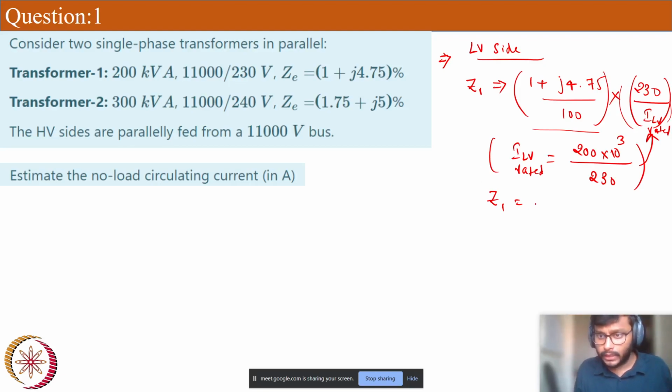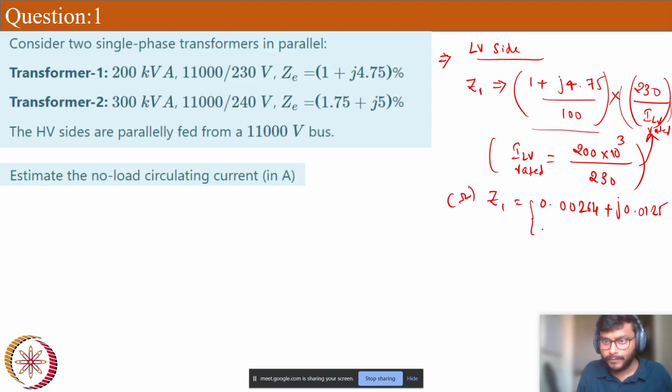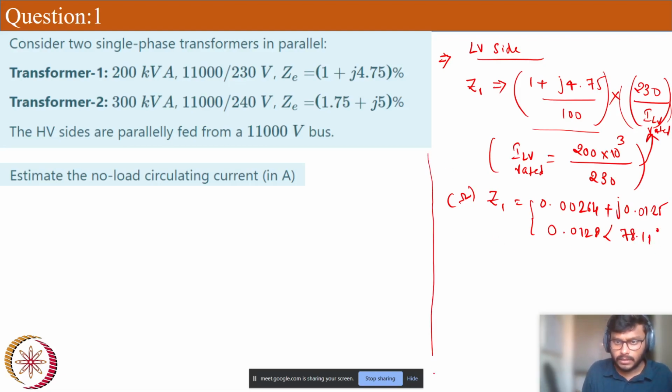I'm writing it both in rectangular form as well as polar form. So first I'm writing the a plus jb form: 0.00264 plus j 0.0125. If anyone calculated with me, just tally with it. If you are getting different, please tell me. And I am also writing it in polar form, that is r theta form, which is 0.0128 at an angle of 78.11 degrees. So this is what Z1 I got.